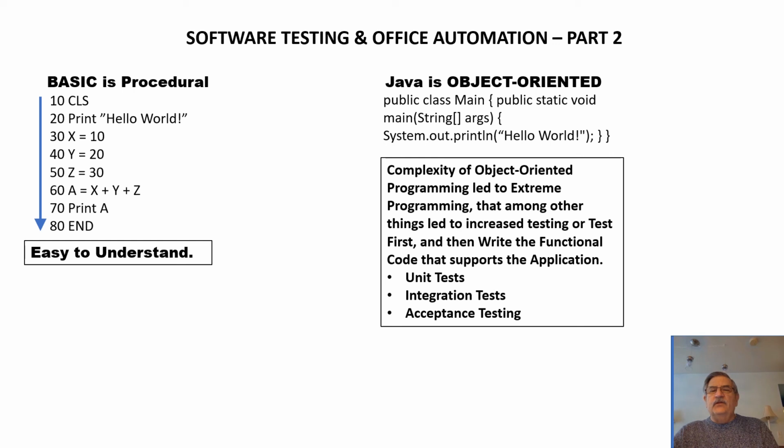If you're writing a big system over a year or two, which most big systems take a long time to write, you can go back and try to figure out what you did. And the same thing goes with writing automated test scripts. It's good to put a lot of comments in. We're going to go over all this in the future, but all you need to know now is that object-oriented programming is harder to write and it's harder to test.